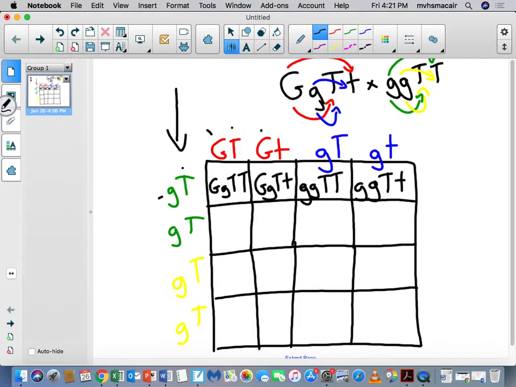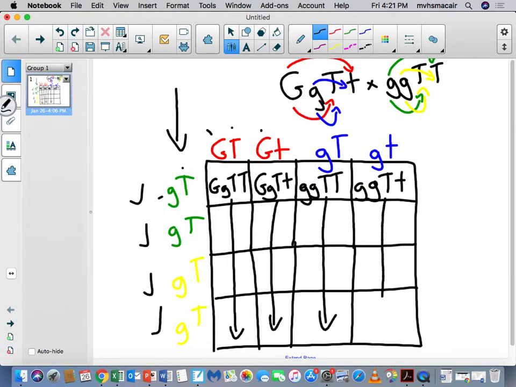Hopefully you notice that in this column, they are all the same thing. Everything's the exact same thing. So what we can do is just assume correctly that we can fill these all in. They're all going to be the exact same. Which is kind of handy. Stuff we've been working on in class doesn't always work out this way.